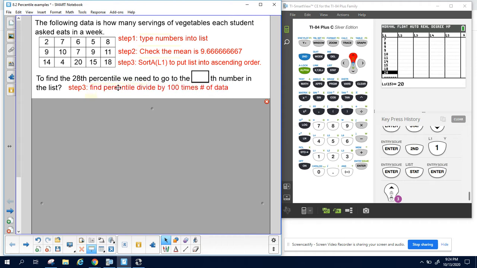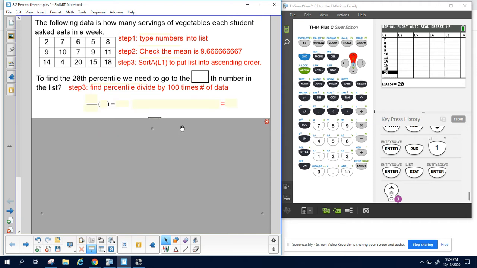You take the percentile, divide by 100, times the number of data that we've been given. This particular question is the 28th percentile. So the percentile, divide that by 100, times that by the number of data we've been given. And one more time, there were 15 numbers in this data set.